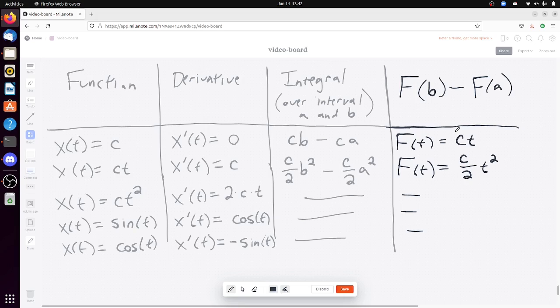And the question is, is there any special shortcut we could use? First off, let's assume that every definite integral follows this format. I should introduce that terminology: a definite integral is an integral that's actually calculated over some interval a to b.